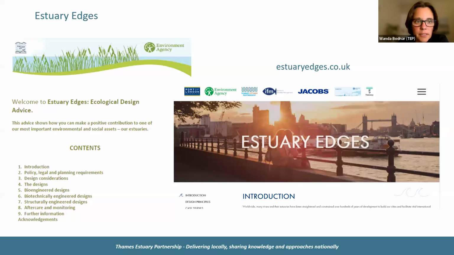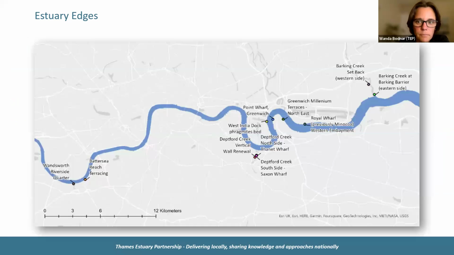These bioengineered intertidal habitats collectively fall under the umbrella of a planning guidance for developers called Estuary Edges, and this was published in 2008. These are some of the sites and their location along the Thames Estuary, but there are more being created also in the Medway as well.